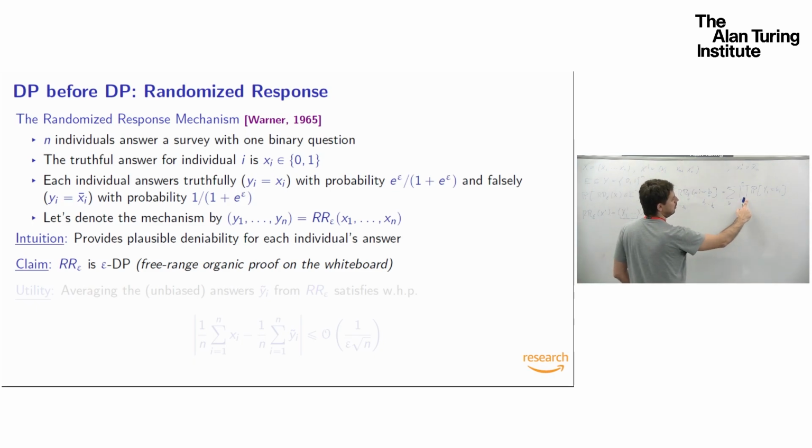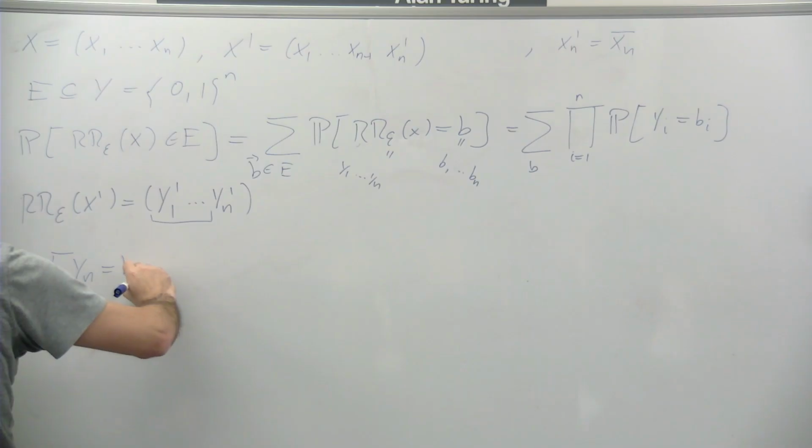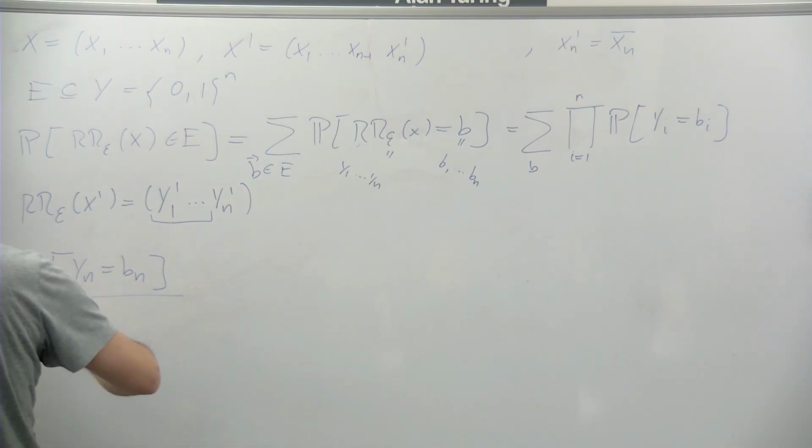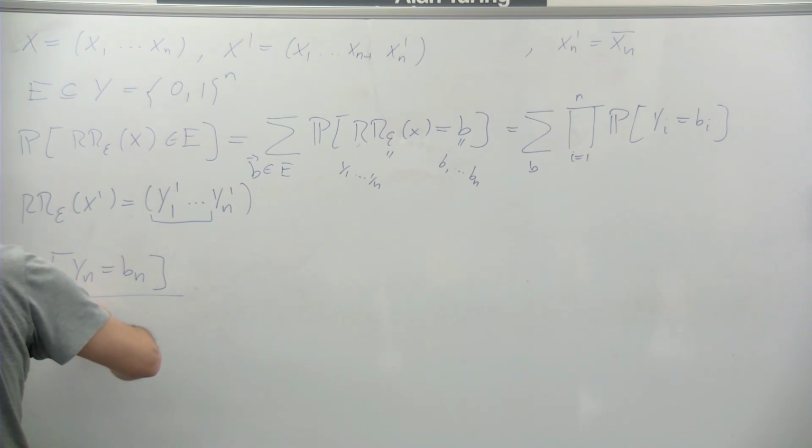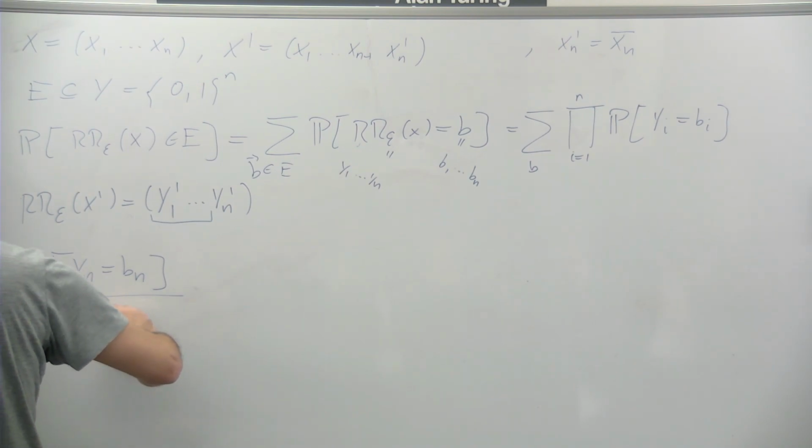So for i equal 1 to n minus 1, these don't change. They're the same. Now, for the last one, it might change. So what we have to do is look at the probability that yn equals bn, and I'm going to compare this with the probability that yn prime equals bn.